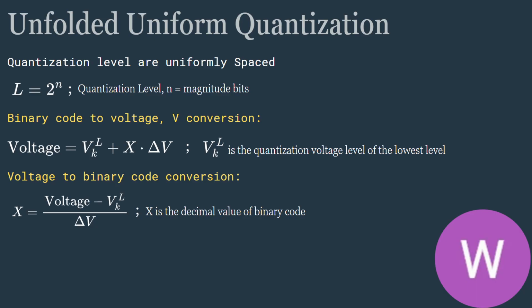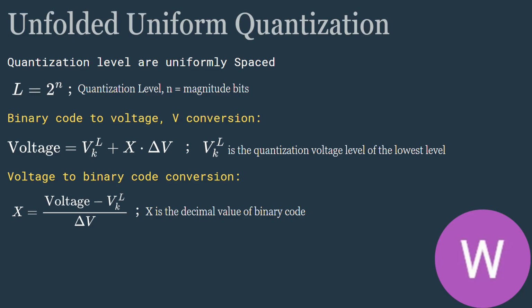Here there are mainly two formulas: binary code to voltage conversion, and voltage to binary code conversion. For the first formula, binary code to voltage, voltage equals VKL plus X multiplied by delta V. VKL is the quantization value for the lowest level, X is the decimal value of the binary code, and delta V is the quantization interval.